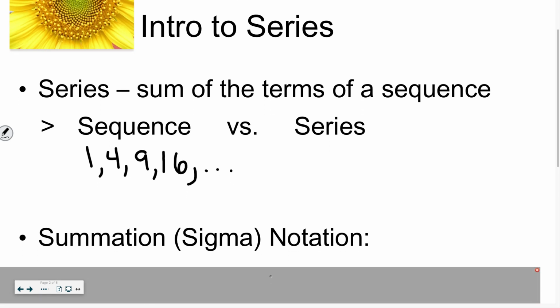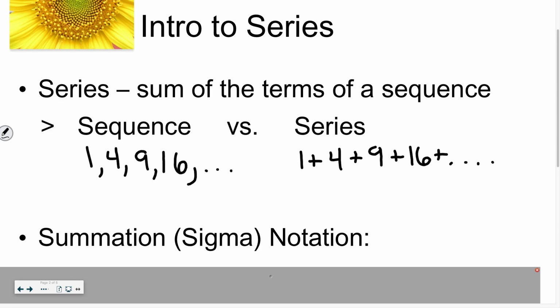A series is the sum of those terms. 1 plus 4 plus 9 plus 16 plus ... So you see the difference between a sequence and a series? Commas, a list of terms, plus signs, the sum of terms.